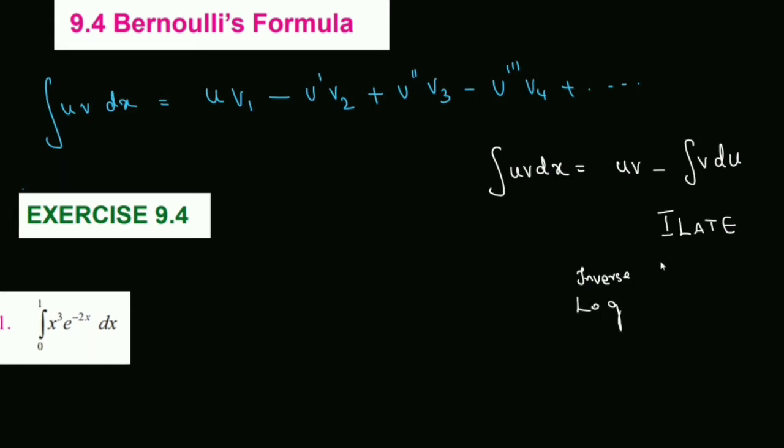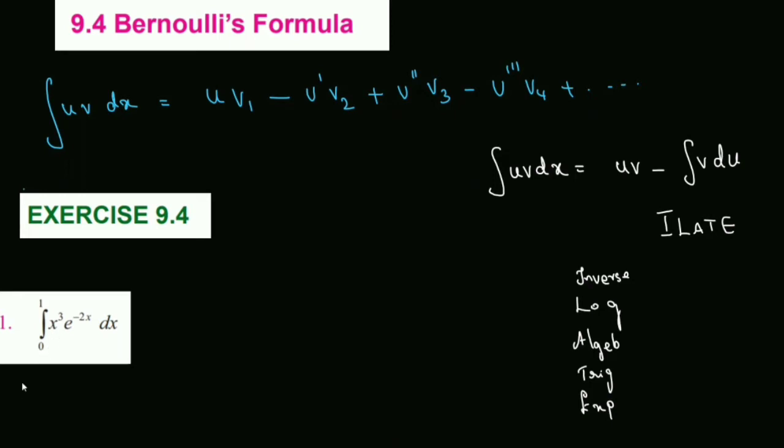If there is a logarithmic function, take that as u. If there is no log, next is algebraic function. You have done this last year. Next is trigonometry. The last is exponential. So this is the order in which you should choose your u: first preference inverse, second log, third algebraic, fourth trigonometry, and then exponential.